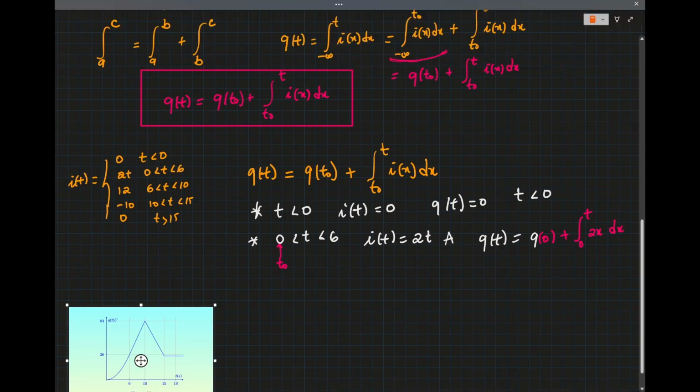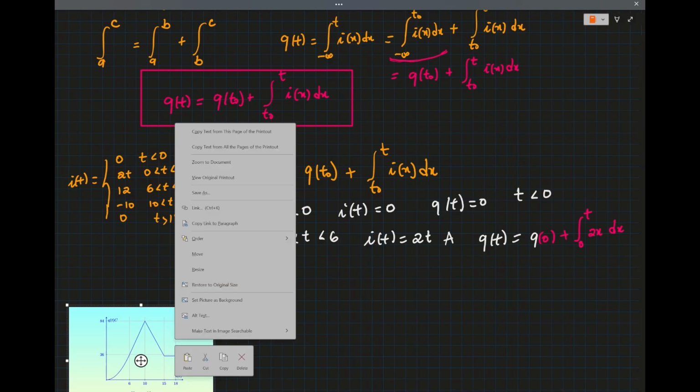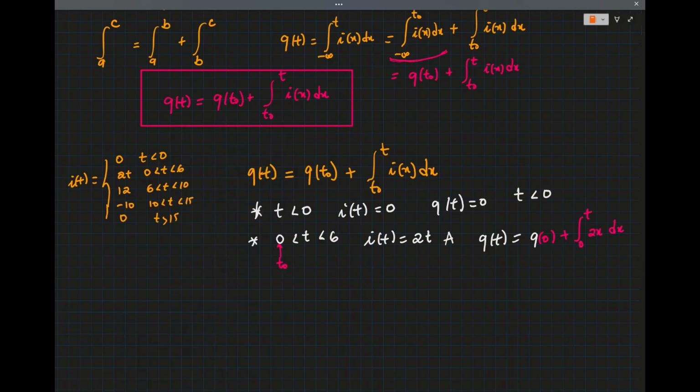So let me substitute this. q at t equal to 0 is 0, plus the integral from 0 to t of 2x dx. When we integrate that, we have 2x squared over 2, which is x squared, taken from 0 to t.